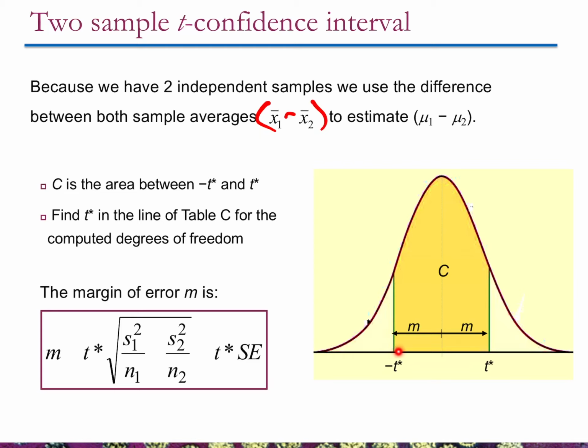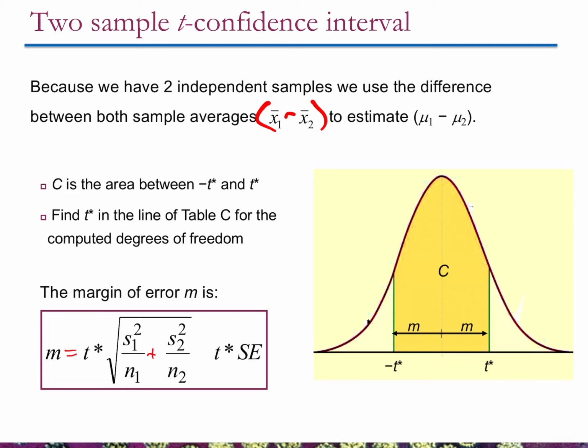A confidence interval is an area between two limits, an area of our curve within which we are level C confident that our true population mean lies. So if this is a 95% confidence interval, we're 95% certain that our population mean lies between these two numbers, or within the interval.